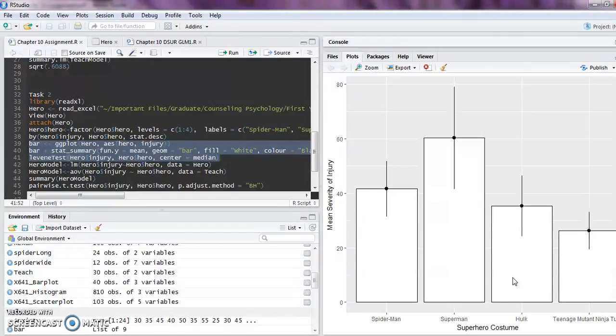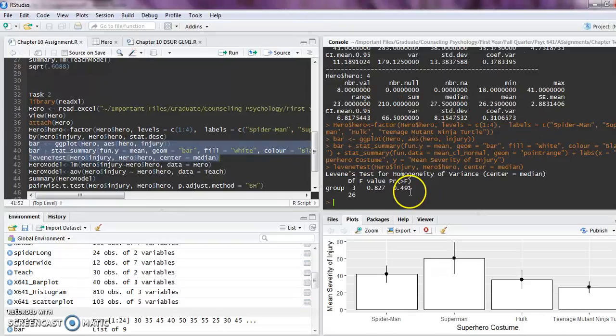Yeah. So the next thing that we're asked to do is to do a Levene's test in order to test the homogeneity of variances. And as you knew from a couple minutes ago, I did that.